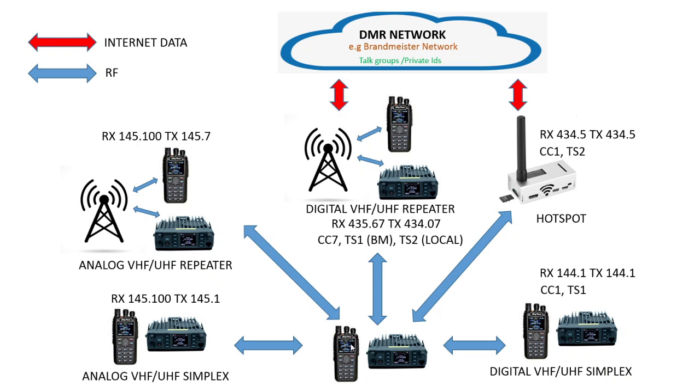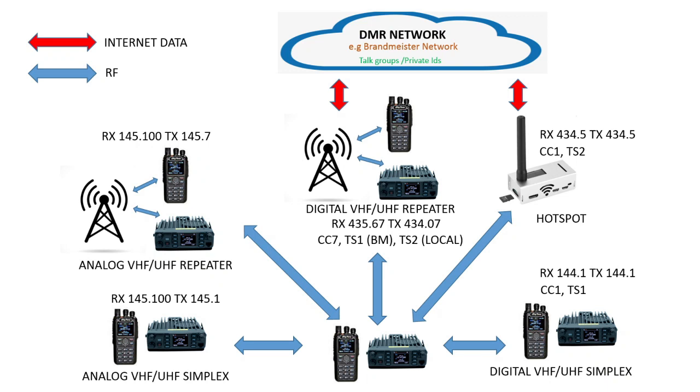You may be transmitting to that repeater using the frequency 434.07, and you will be receiving from that repeater on 435.67. It is a UHF digital repeater.